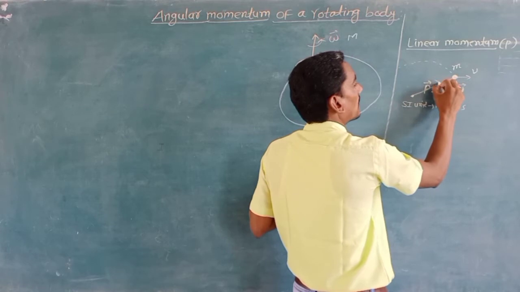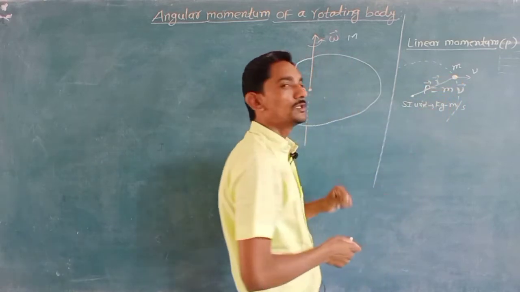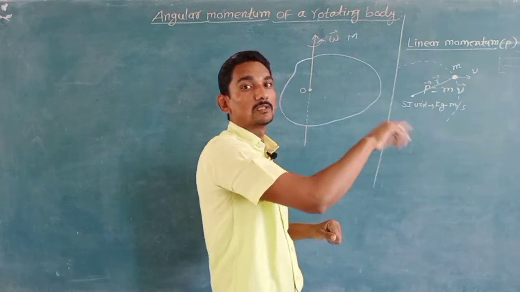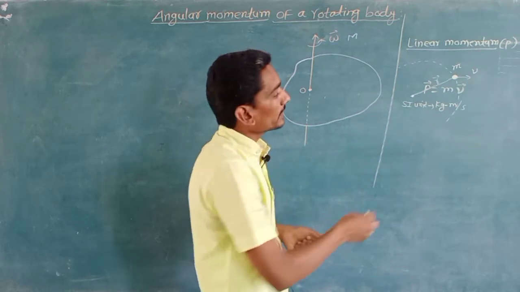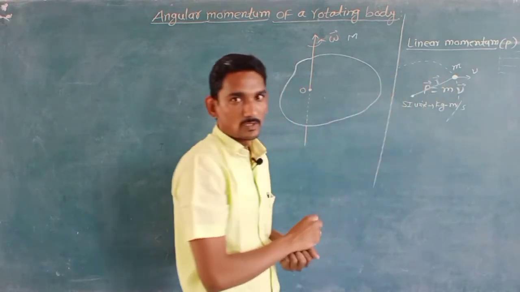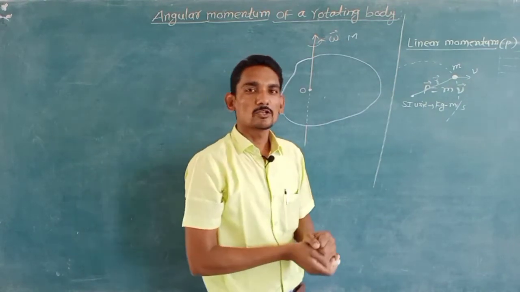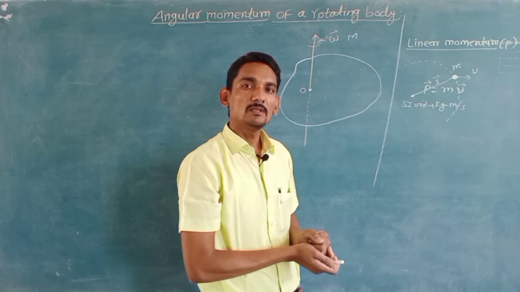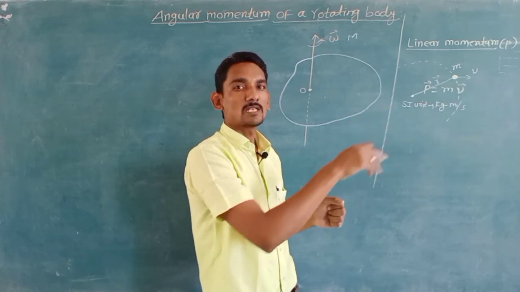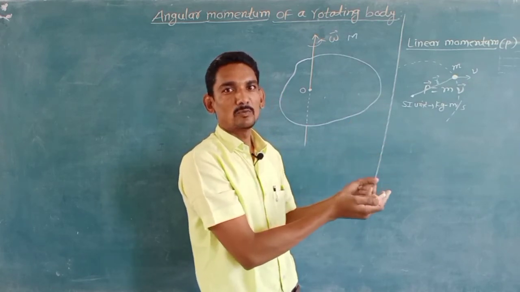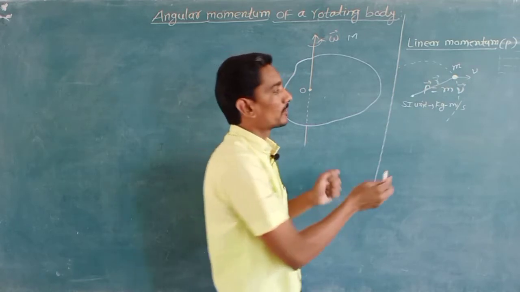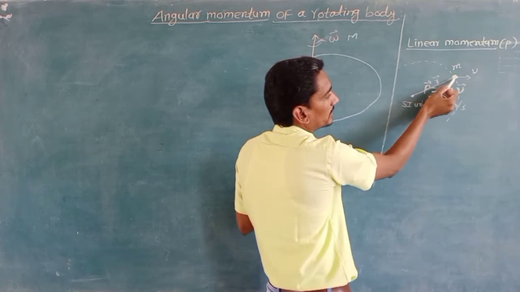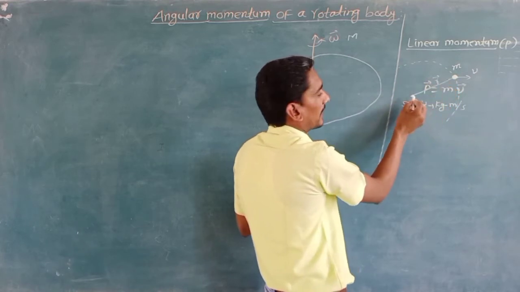Then this r vector gives the position vector for the object which is moving along the circular track. Now we can determine the angular momentum. So linear momentum is for translational motion; when the object is performing circular motion, that momentum is the angular momentum, because when the object is moving along the circular track, it can describe an angle at the center.